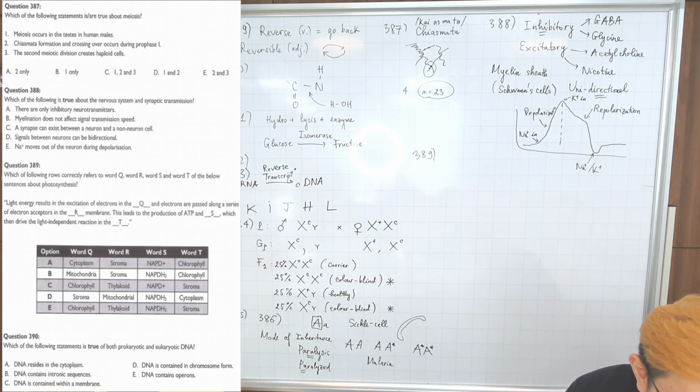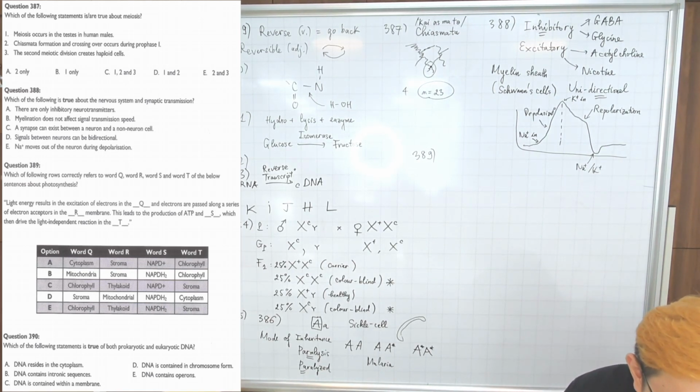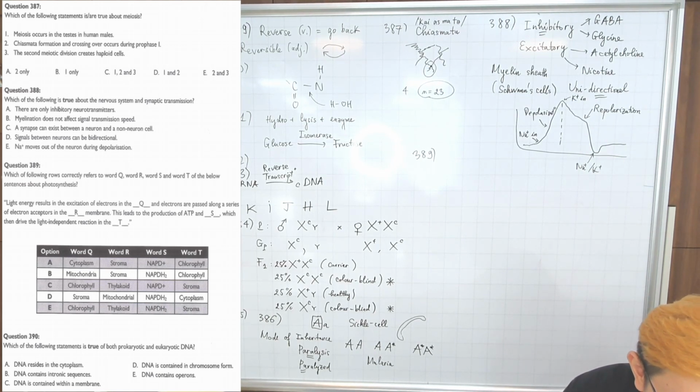And electrons are passed along a series of electron acceptors in the something membrane. This leads to the production of ATP and something. Which then drives the light independent reaction in the something.